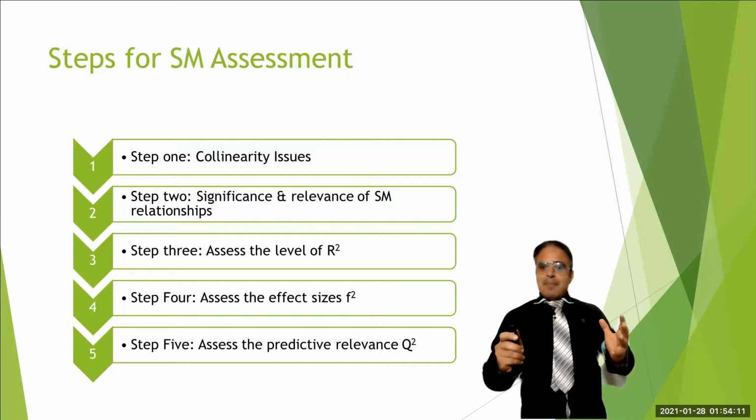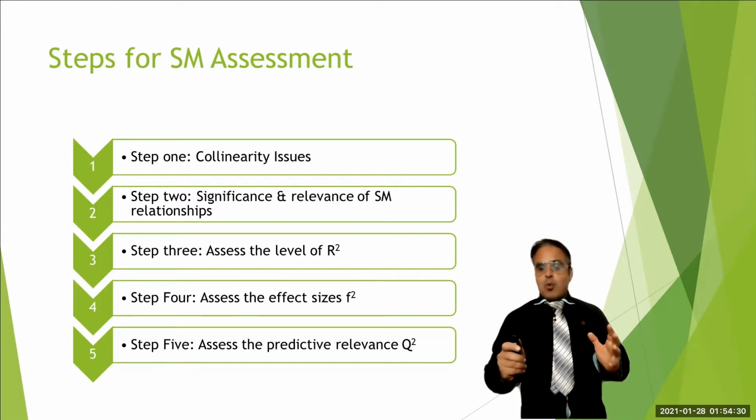The third step is assessing the level of R-square. We have to check R-square, and this figure is really important. Usually it's a percentage figure, as I mentioned. Step 4, you assess the effect size, F-square.